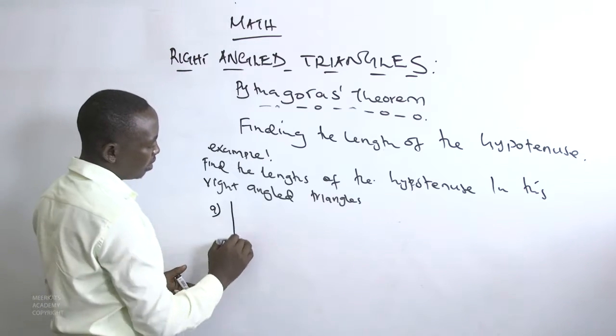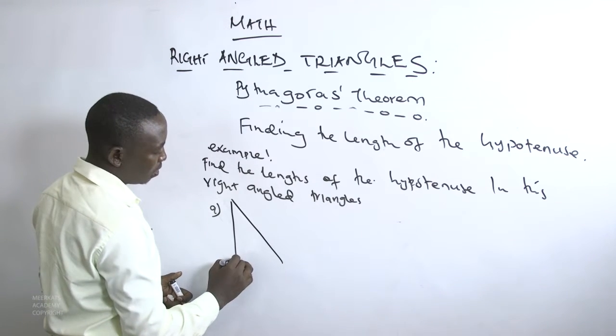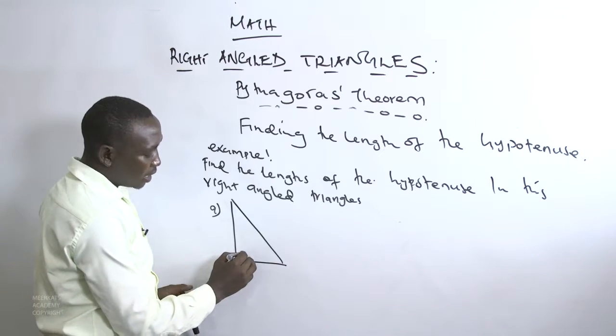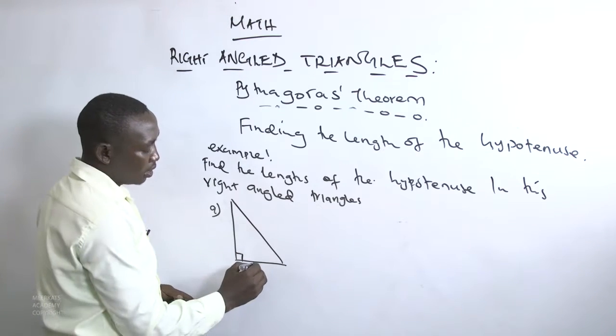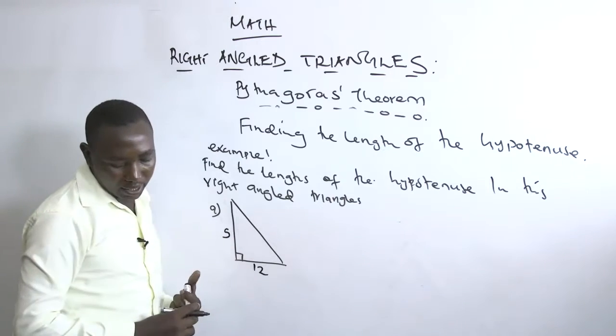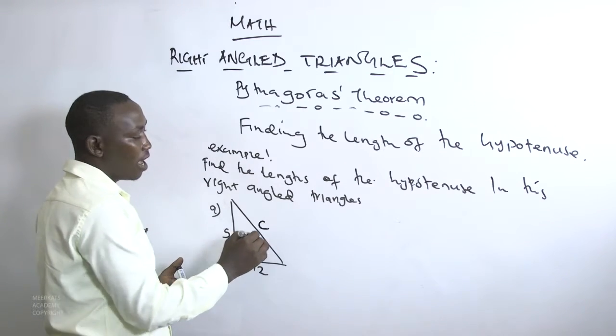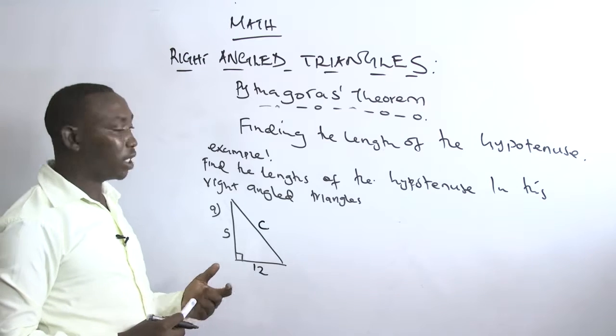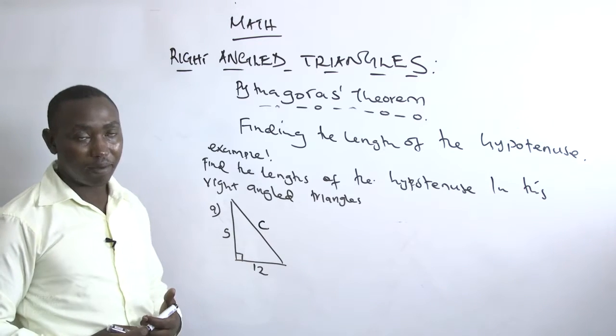Part A, we have that as our right angle. We have been told that the base is 12 centimeters, the height is 5 centimeters. We want to find the hypotenuse or this particular length.